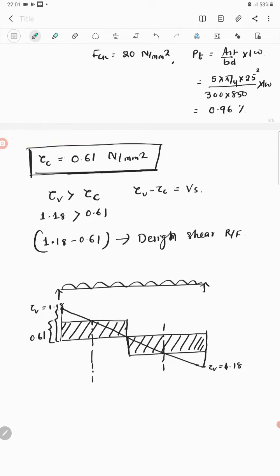So here, this is taken by concrete. In this region, no need to provide the design shear reinforcement, we can provide only the nominal reinforcement. For the rest part, this and this, we have to design for shear reinforcement.